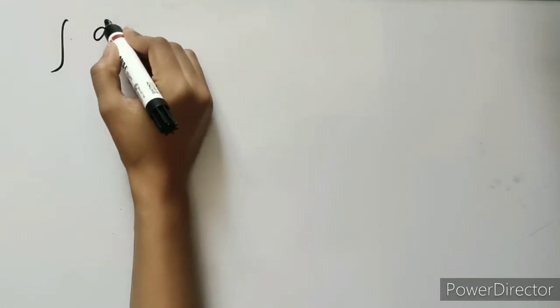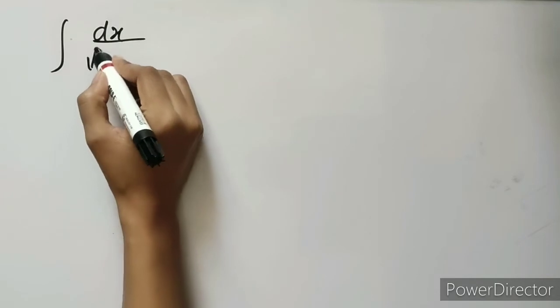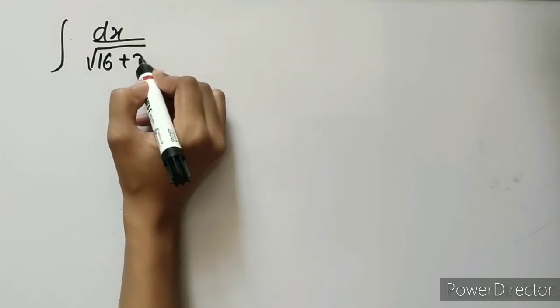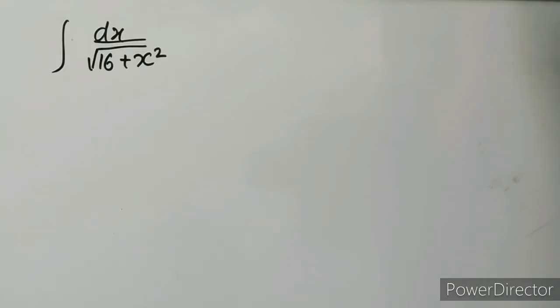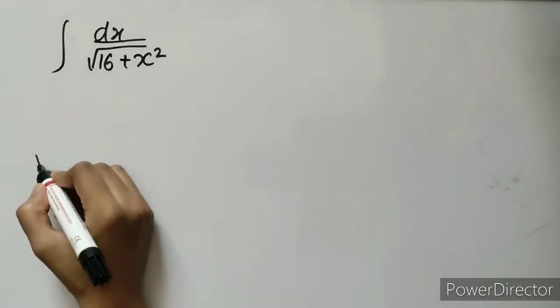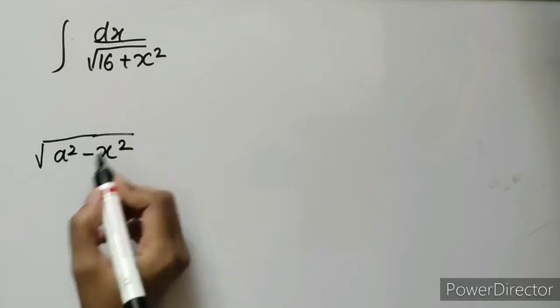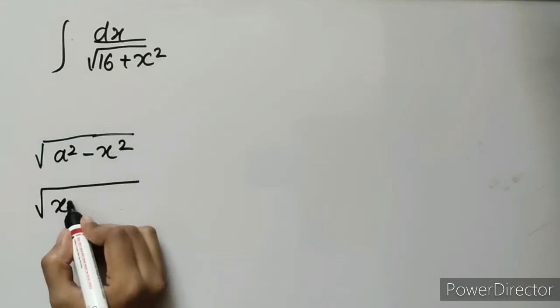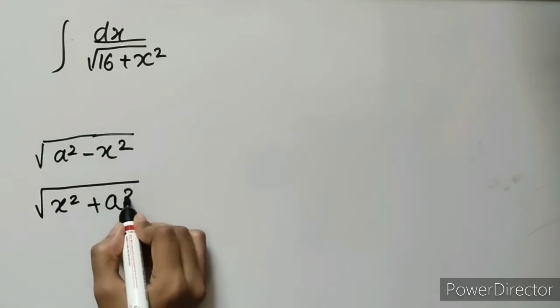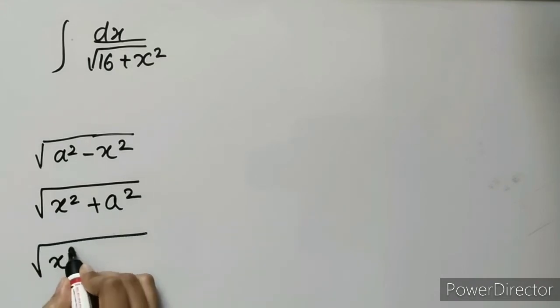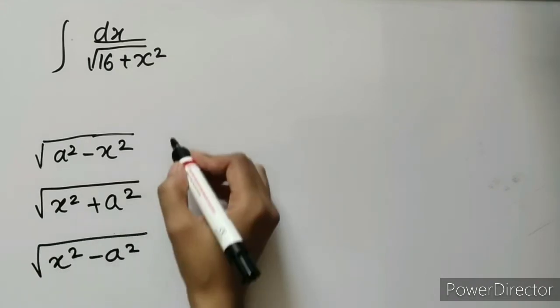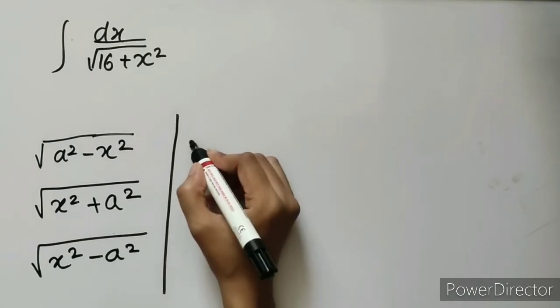Now let us see another example, that is integration dx under root 16 plus x square. Before starting this, let us see a table which will help you to solve similar integrals like this. If you have an expression like a square minus x square, or x square plus a square, or x square minus a square, you have to substitute.